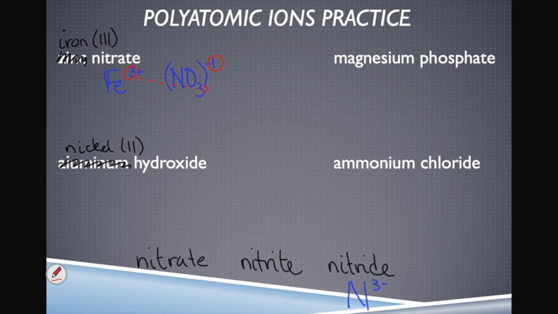This 3 from iron will go to the outside of the bracket on nitrate, and the 1 from nitrate drops down to the iron. So, what do we get? Fe, and if you want to write the 1, you can go through that whole step, and then brackets, NO3, brackets, 3. Think about what this would look like if we didn't write the brackets down. It'd be weird.